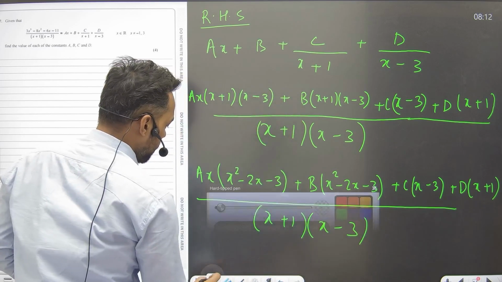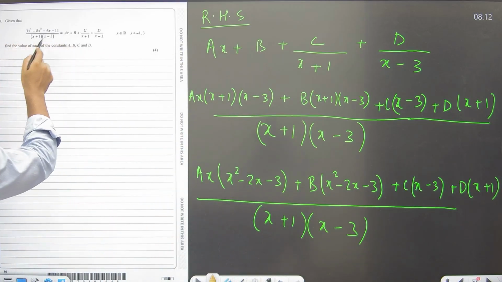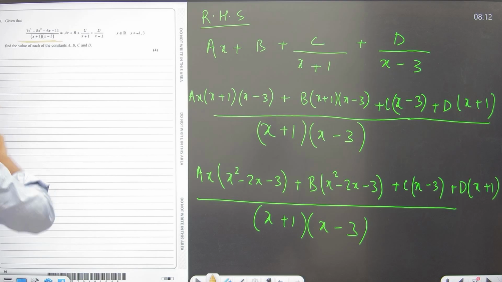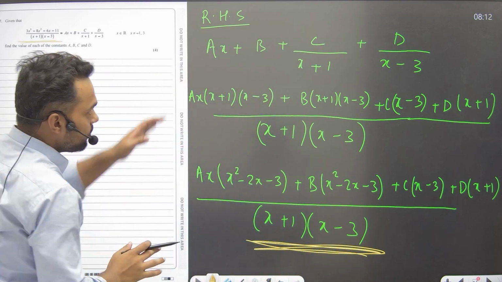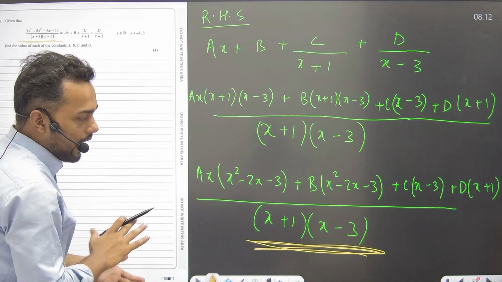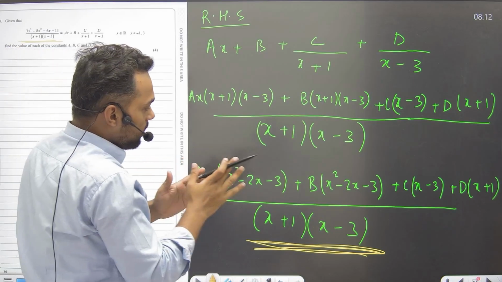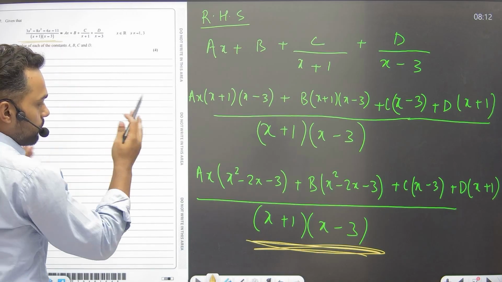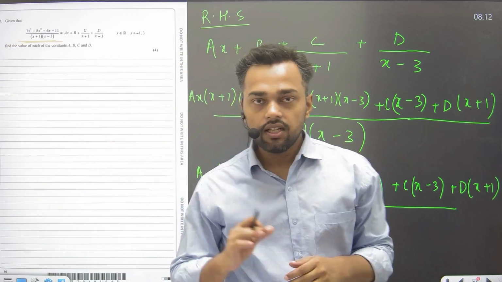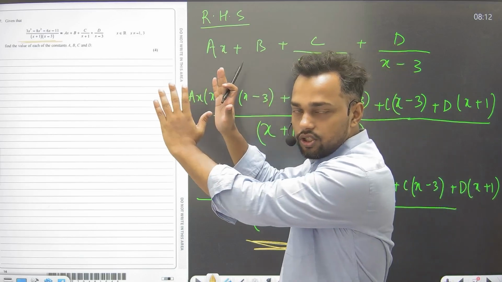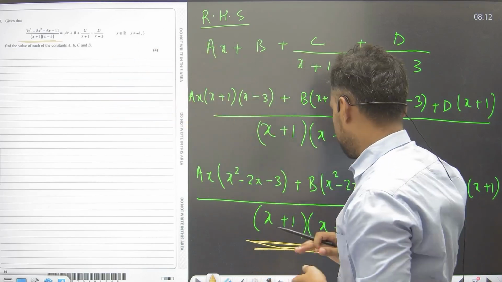Now see here, students, the denominator part of the function on the left hand side and the denominator part of the right hand side, which we have calculated till here, are equal. So we just need to see the numerator part of the left hand side and right hand side.